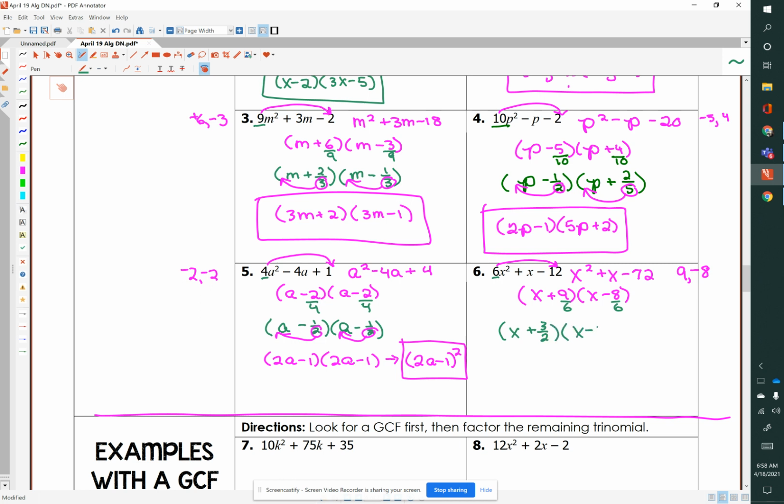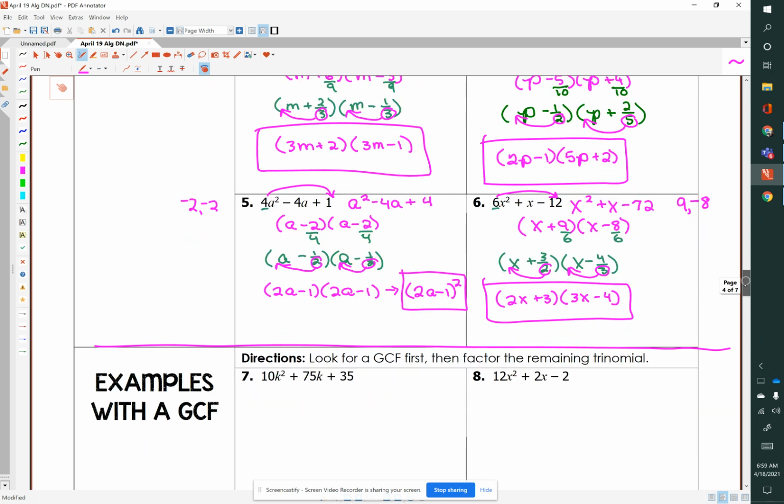X minus 4 over 3. And now I'm going to take those two denominators, the 2 and the 3, and slide them in front of x, which will give us 2x plus 3, 3x minus 4, and that is our final answer.